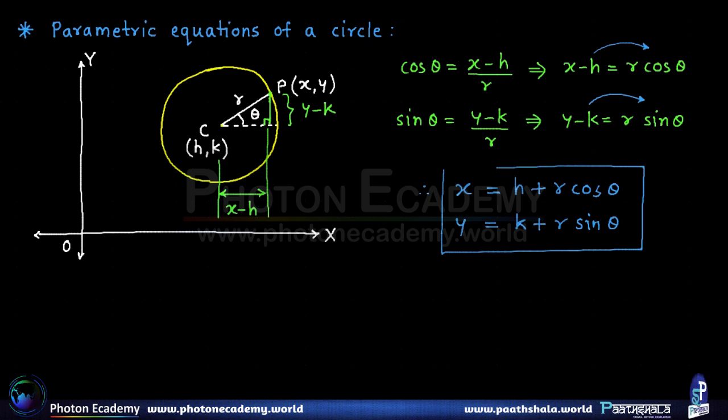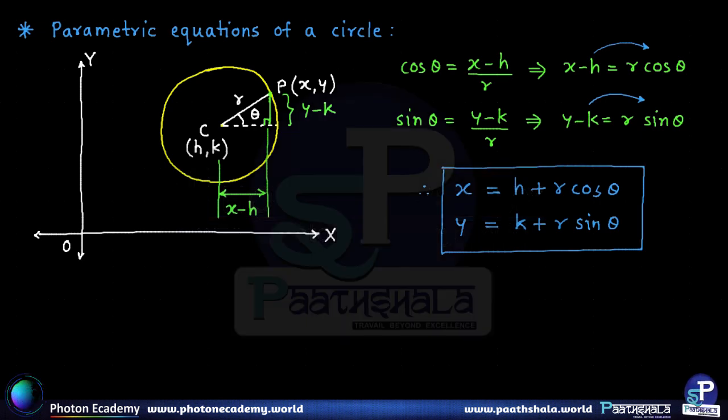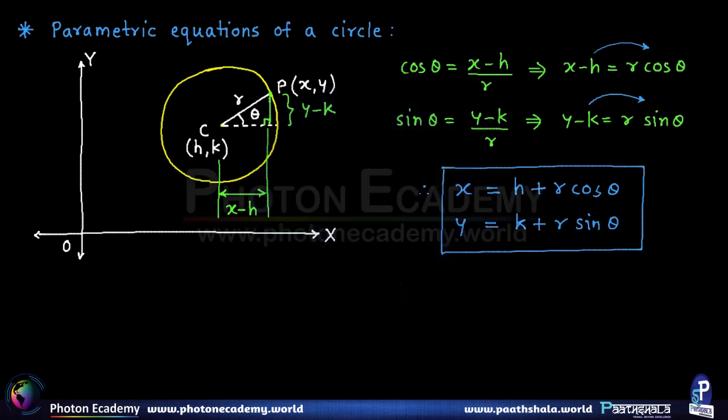These are called the parametric equations. So we can consider the coordinates of point P as h plus r cos theta, comma, k plus r sin theta, in which we have a single variable, theta, because h, k and r are the given arbitrary constants.